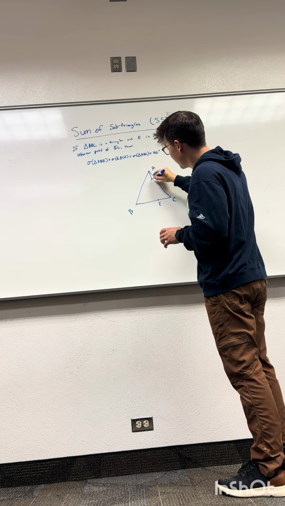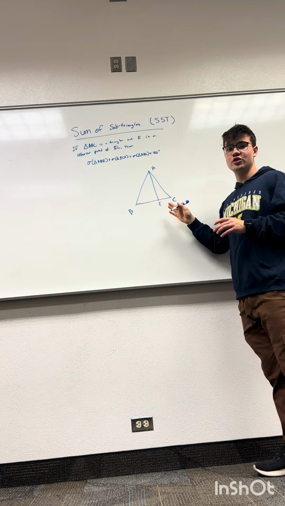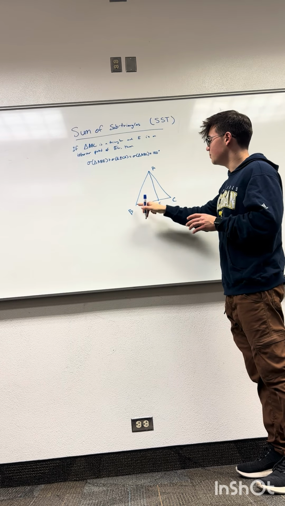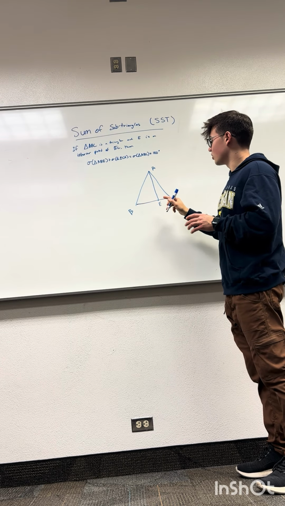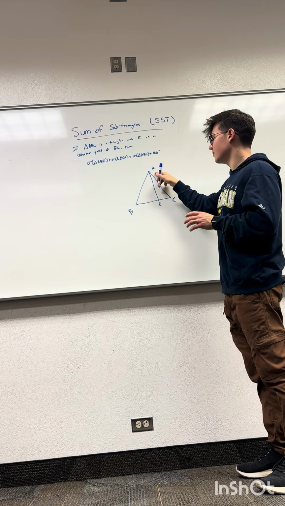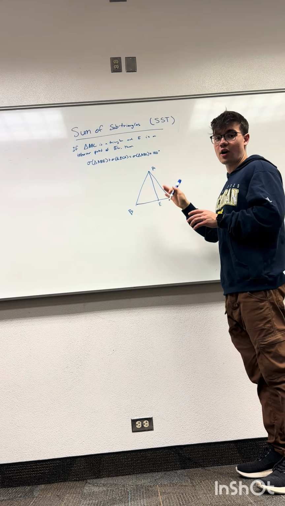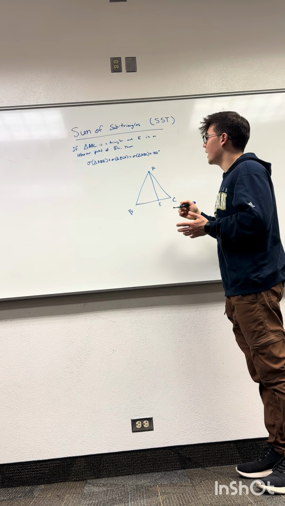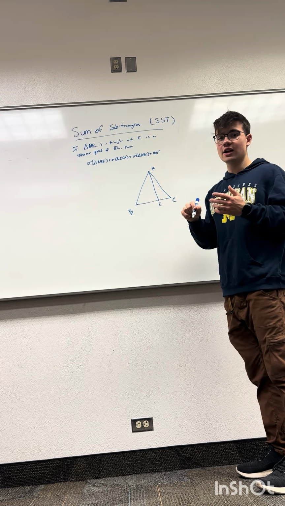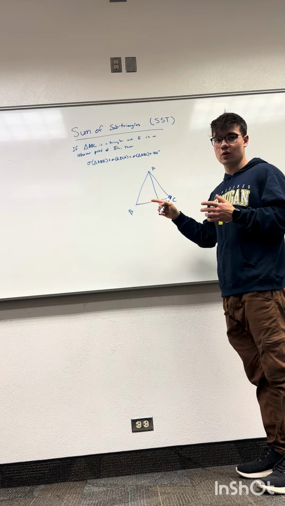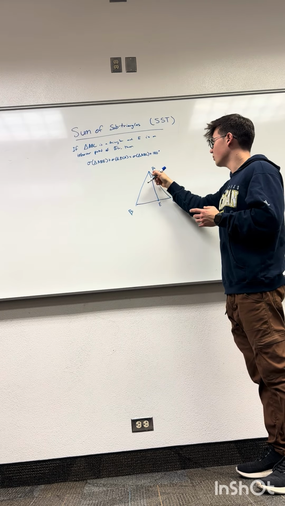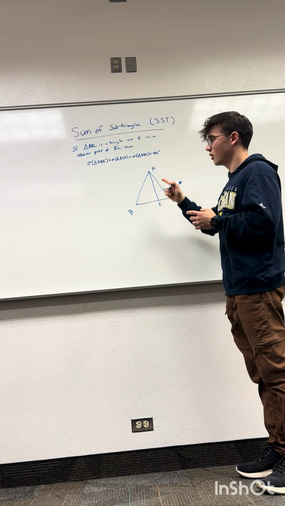If we connect A and E, we now have two subtriangles: triangle ABE and triangle ECA. And we can see that these two triangles make up triangle ABC. They're subtriangles. And we're stating that the angle measure of these two subtriangles added together is equal to the angle measure of the original triangle plus 180 degrees.